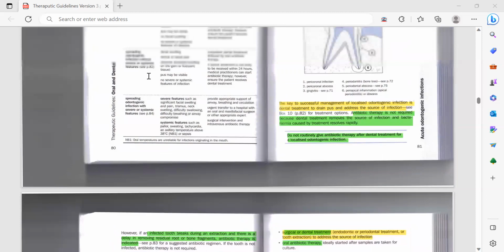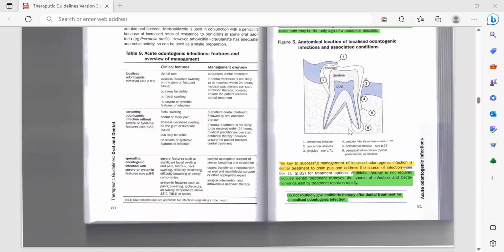For example, there is a scenario where the patient has got periapical abscess, and the patient opts for extraction. So the patient wants extraction, so we need to take this tooth out. But while doing the extraction, there was some complication and this root is left inside. This part is still inside and this part of the tooth is out, and there is a delay.